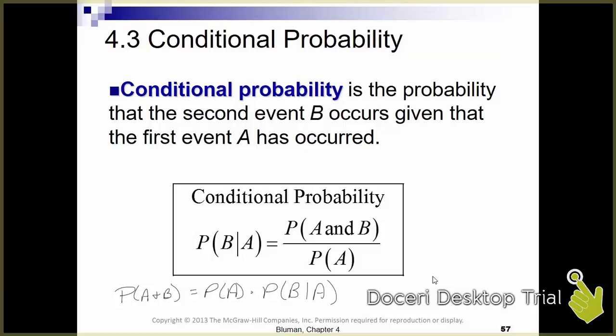What I've done here is just rearrange this formula to solve for this piece right here. So now I can figure out the formula for B given that A has already occurred.